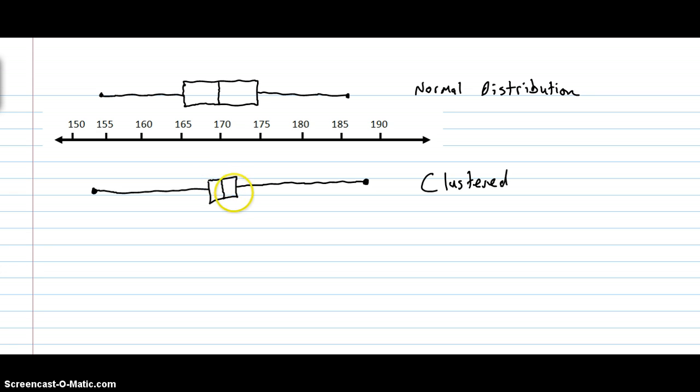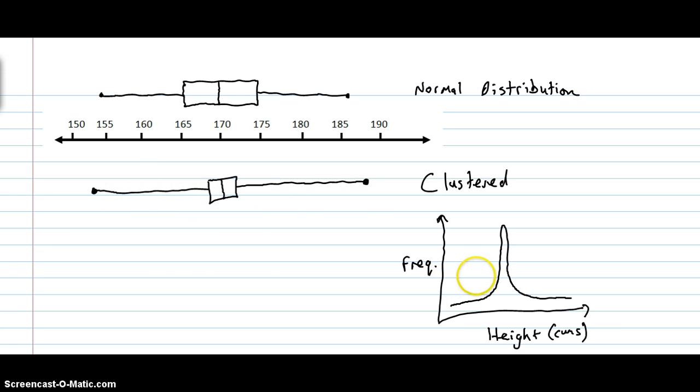A whole half of the scores are in that tiny little range. Whereas the lower quarter and the upper quarter are spread out over a very wide area. Again, if we saw a polygon graph of that kind of distribution, it would look something like this. Very tightly clustered, a lot of the scores there, and when you get to very low or very high, you find it's much less frequent.